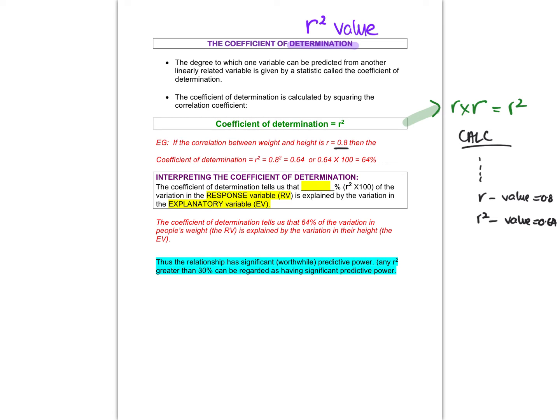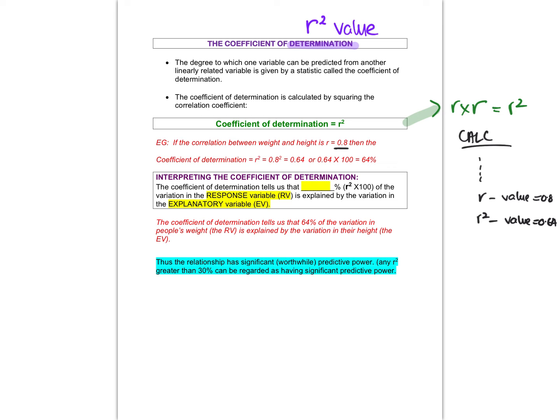So when we found the R squared value, it was 0.64. What we often do is change that to a percentage, so 64%. So I'm going to say 64% of the change in everyone's weight is due to their height. If you have a real tall individual, they're going to weigh more than a shorter individual. So 64% of that is what we're saying in our data is changing because of the height.